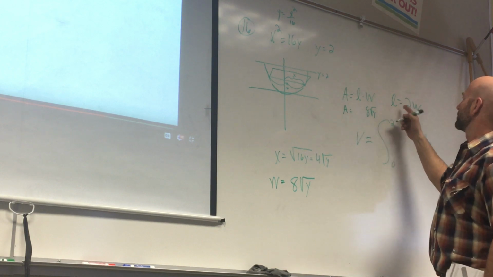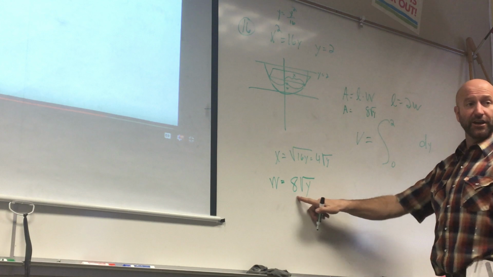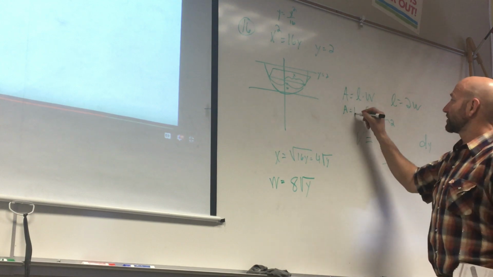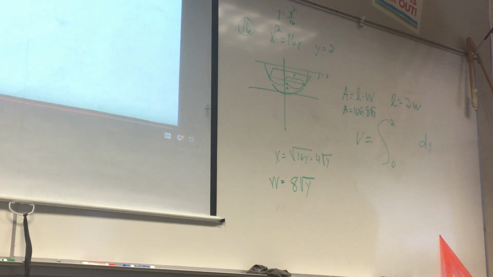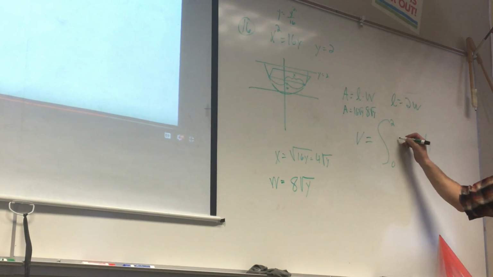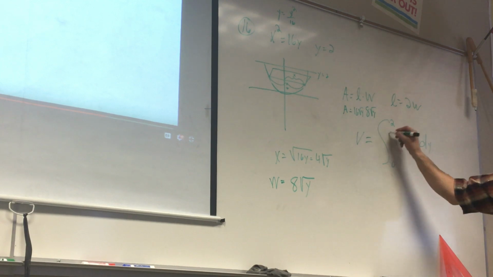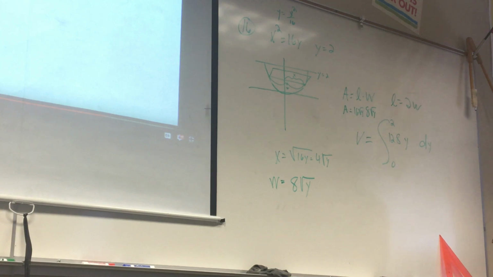And what is L? It's 2 of these, right? So how much is it? 16 square roots of y. So what's 16 times 8? 128? 128 y. Yes? Are you with me?